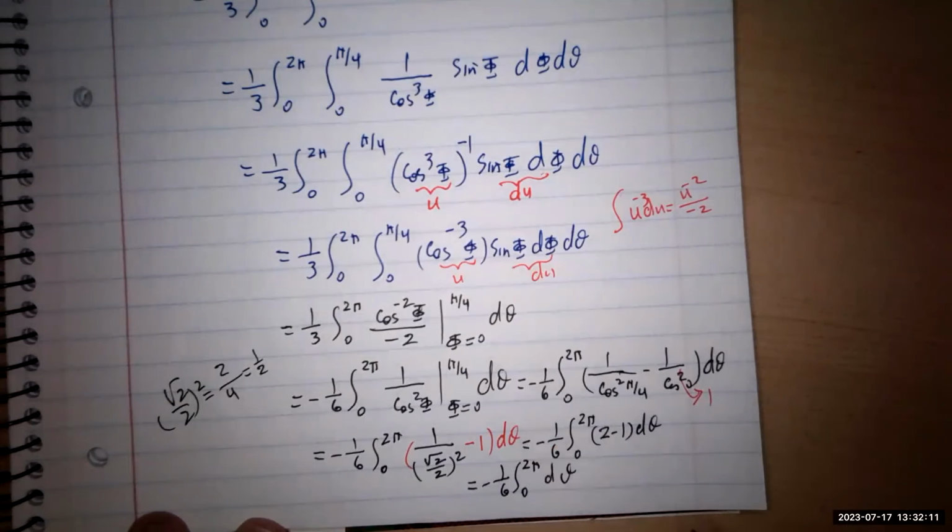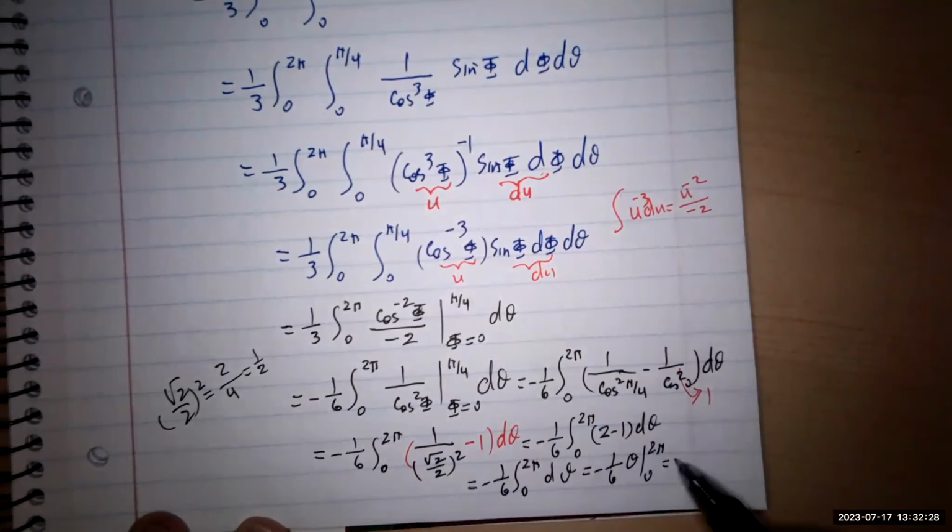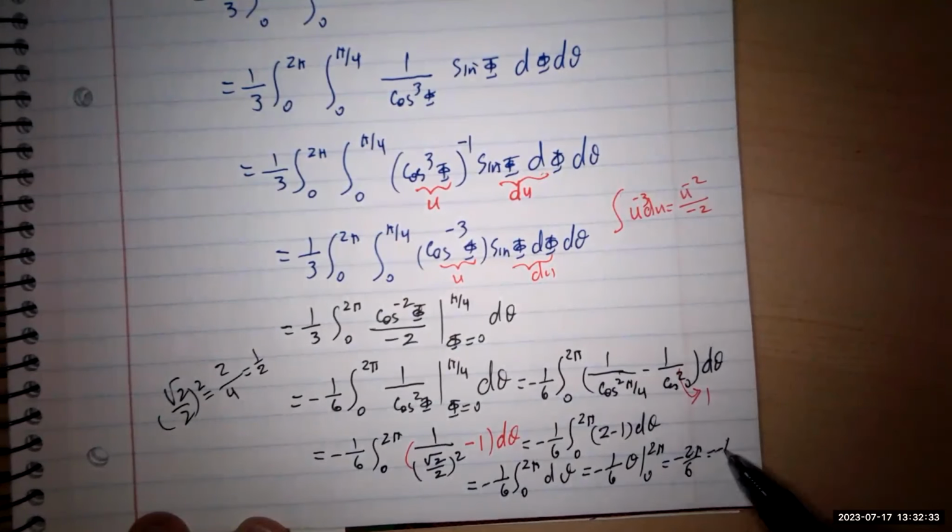But anyway, you can check it, but it seems to be all right. -1/6, because this is a positive number, 2 minus 1. So it's going to be just -1/6 theta from 0 to 2 pi. So it's going to be -2 pi over 6, it's -pi/3, but I think it must be positive pi/3.